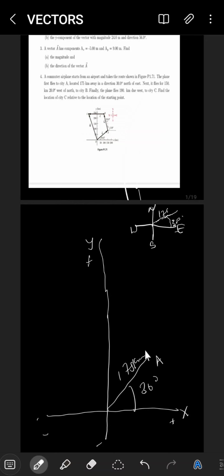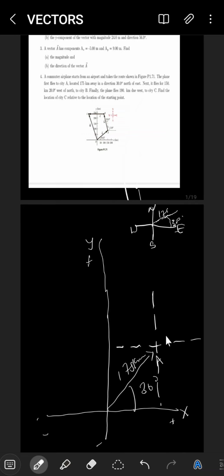This is your A. Addition of vectors, as we said in the previous video, follows the rule head to tail: the head of the first vector to the tail of the second vector. The second vector is vector B because that is where it travels next. Next it flies 150 kilometers, 20 degrees west of north, to city B. Again, for adding vectors we assume this is its actual origin.